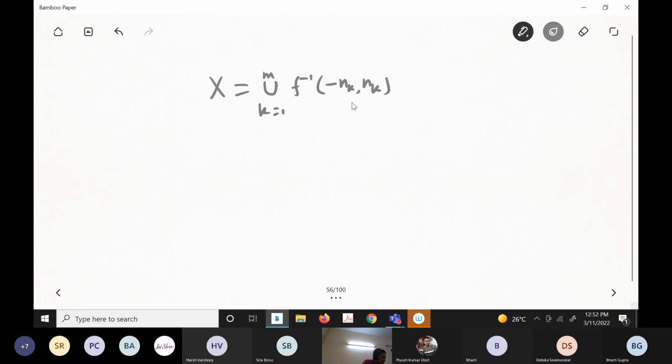Here again the previous argument, you see that if I take m equal to max n_k, so this will be actually bigger than that.